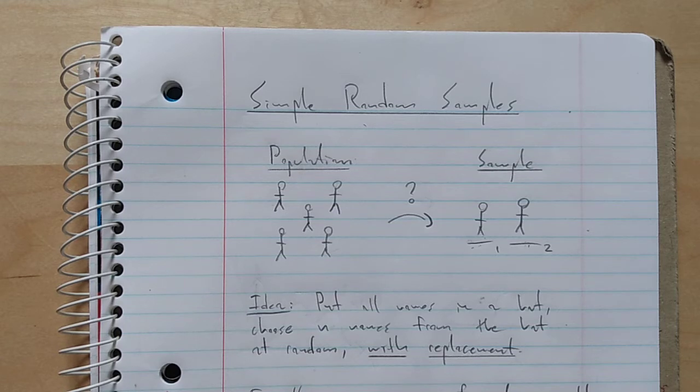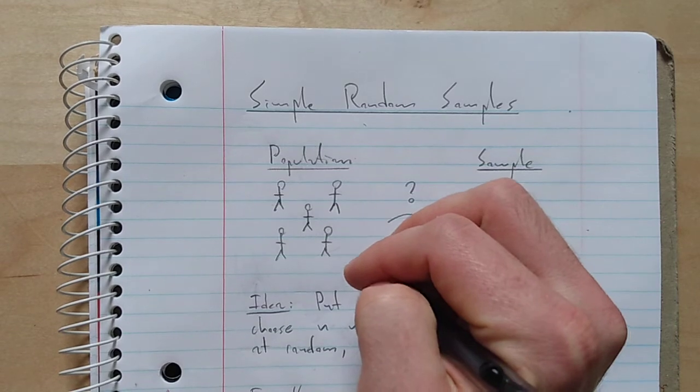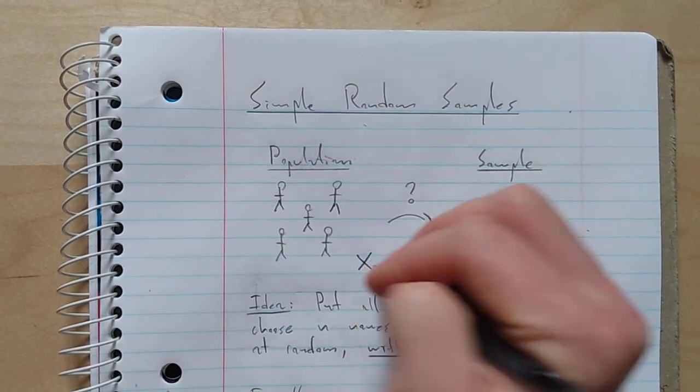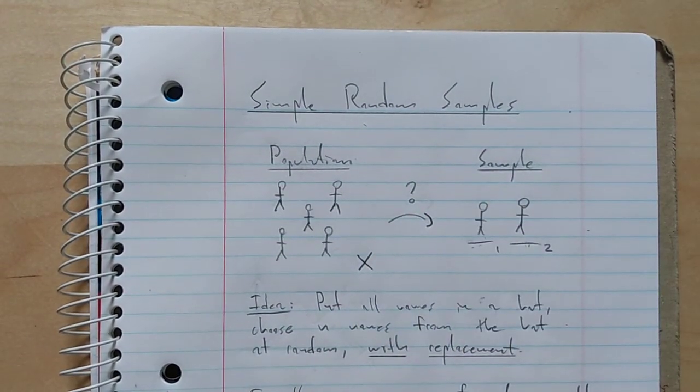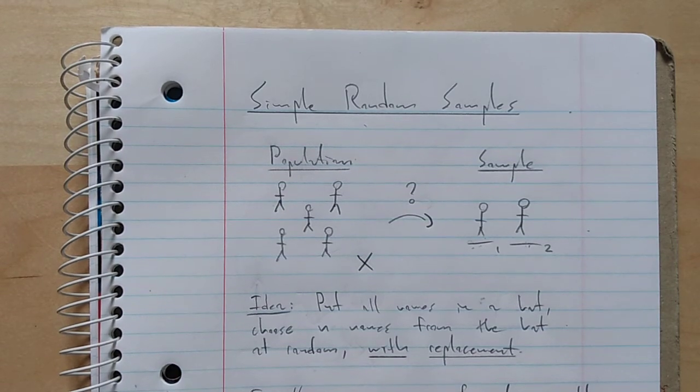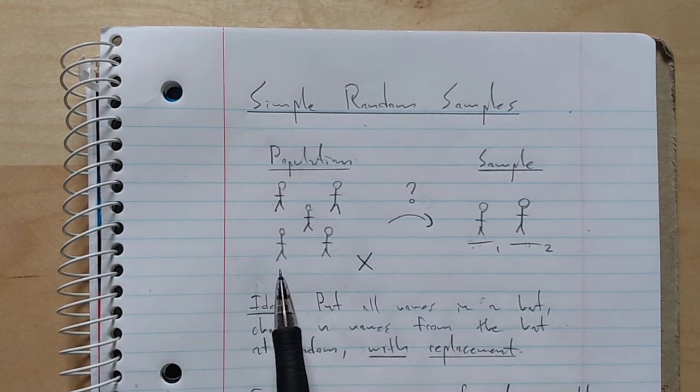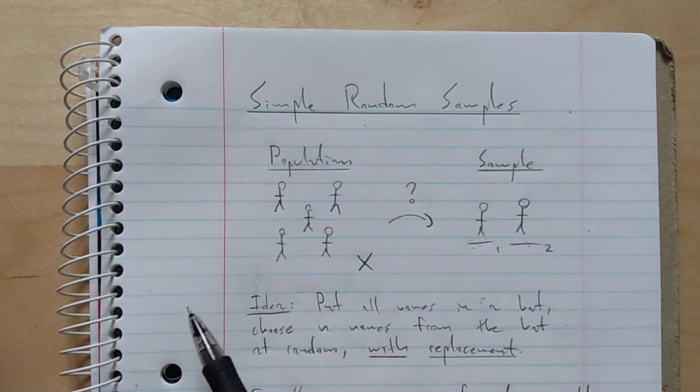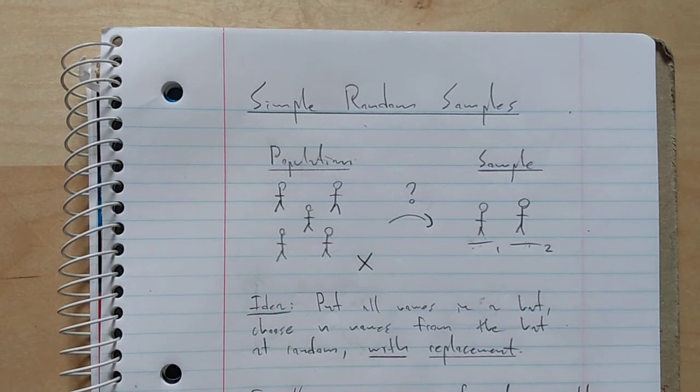Now, we've got to mathematically formalize this simple idea. How do we do it? Well, let's define a random variable, capital X, which represents the value we're trying to measure, be it someone's age, someone's shoe size, whatever it might be, some numerical property.